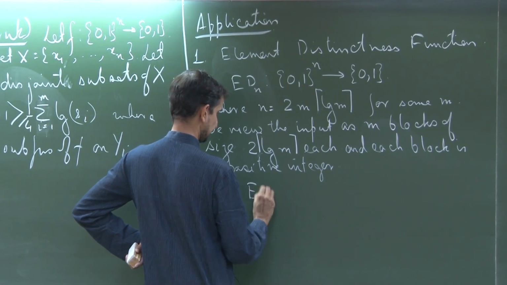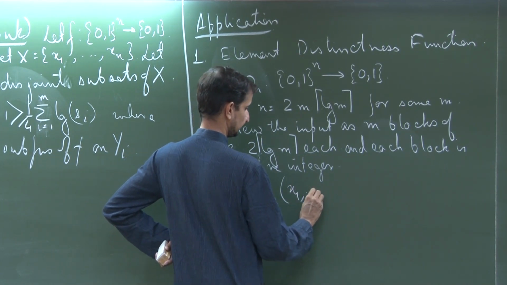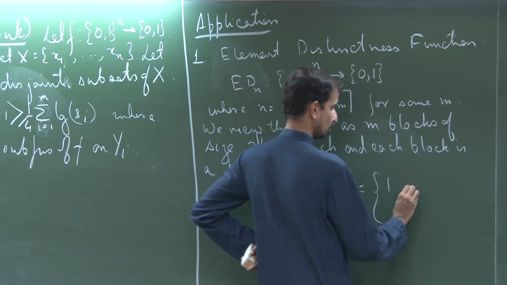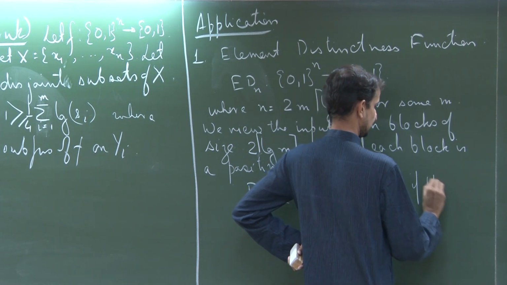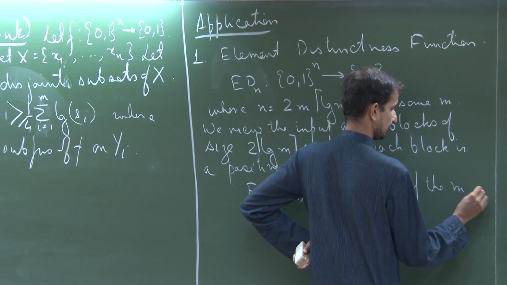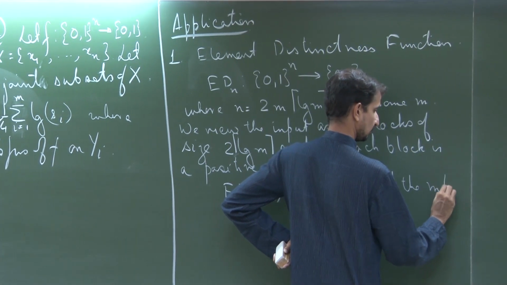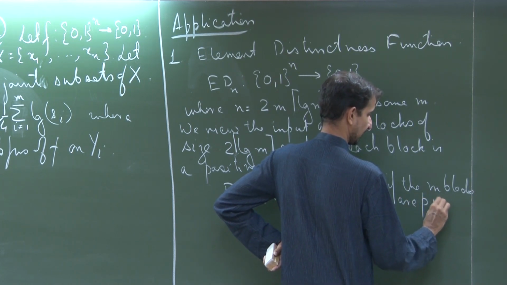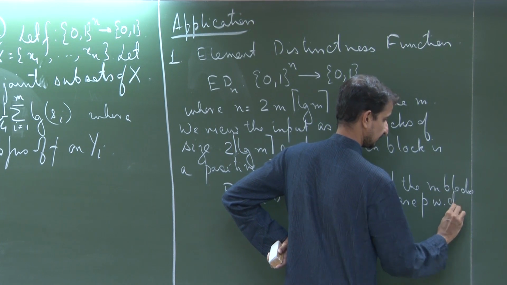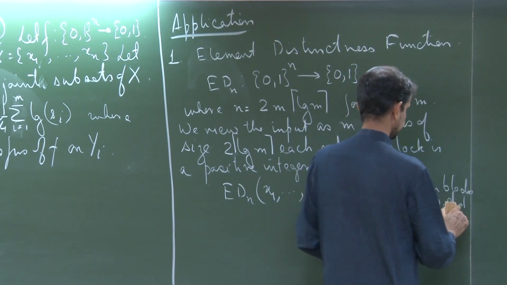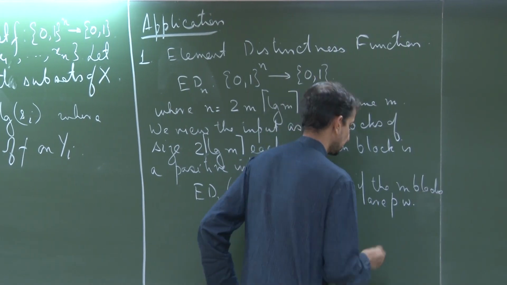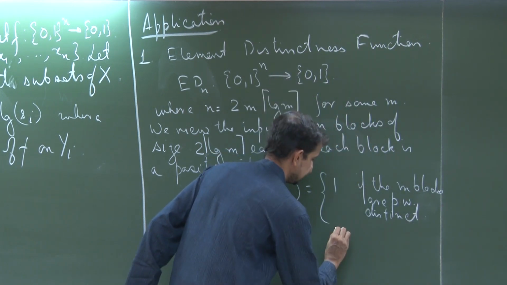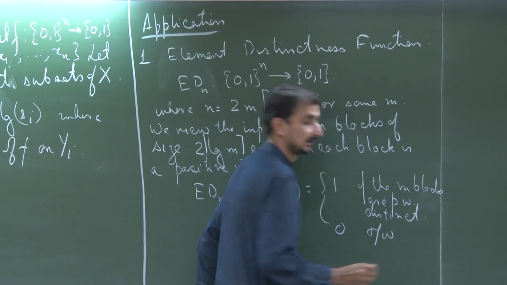Now, ED n of x1 to xn is equal to 1 if the m blocks are pairwise distinct, and it is equal to 0 otherwise.